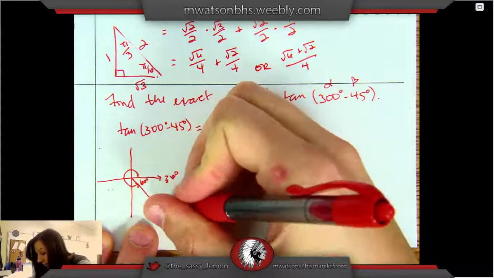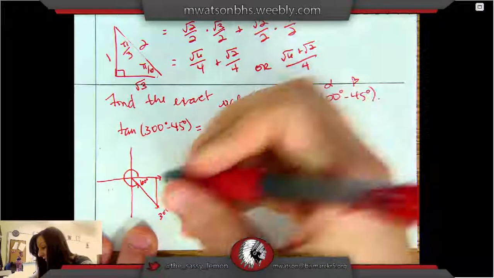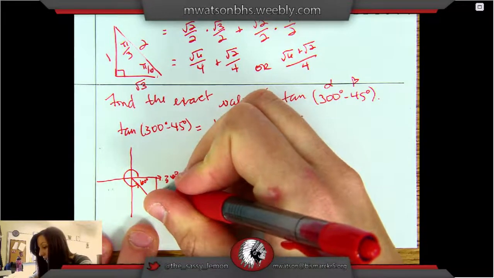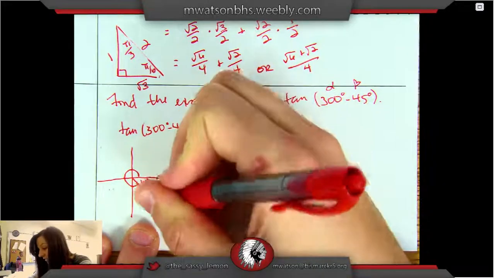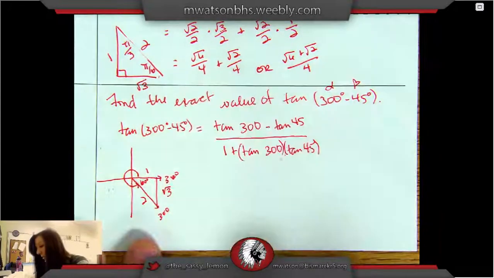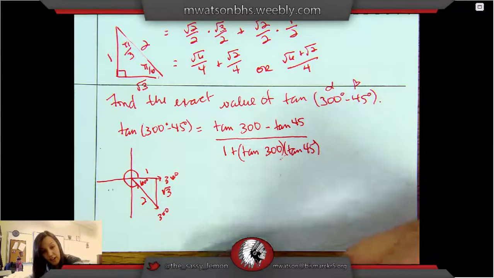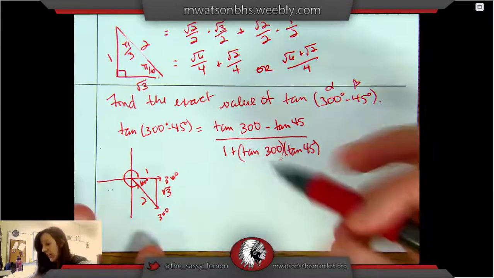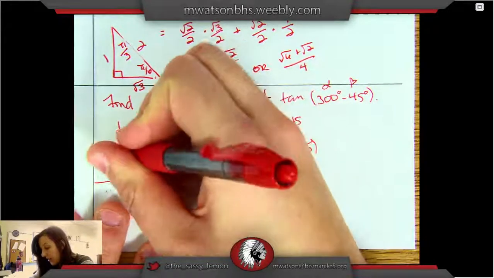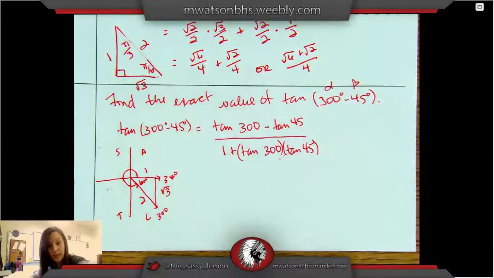So there we've got a special triangle. Across from 60 degrees is square root of 3. And next to 60 degrees is a 1. Hypotenuse is 2. And we can find tangent of 300 using that now. Along with all students take calculus, whatever we get for tangent of 300, it's going to be negative.